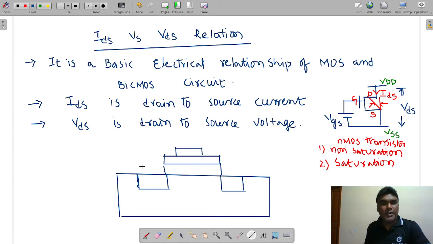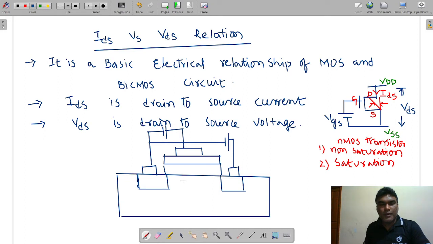The top layer is the metal layer, the metal terminal for conduction from source to drain. Here we apply an external battery voltage, and here we take the source to drain terminal.